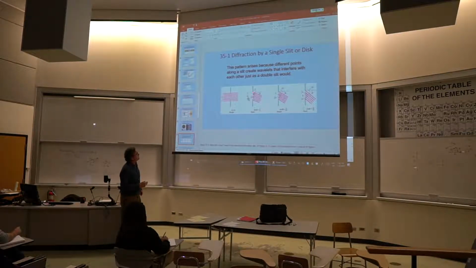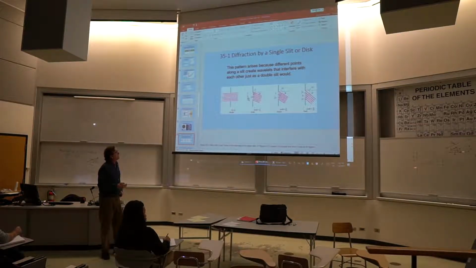So notice that the ray from the top of the slit travels a distance lambda further than a ray from the bottom of the slit. Similarly, a ray at the middle of the slit will travel exactly 1/2 of a wavelength longer path distance than the one at the bottom.